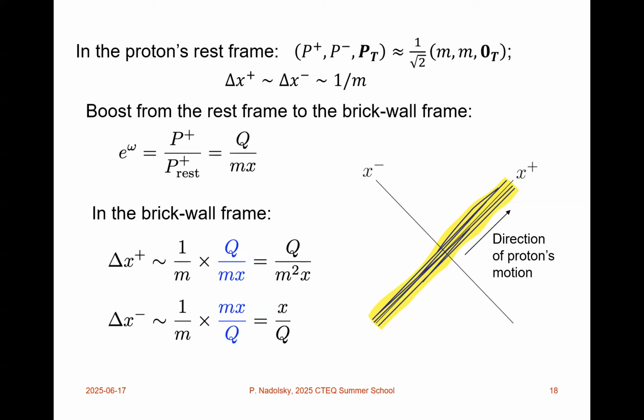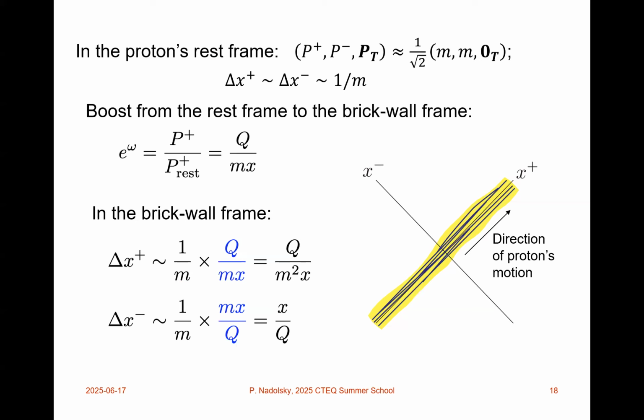Well, you can start by looking at the typical size of the proton in the rest frame, where both P plus and P minus are of order M. And so by the Heisenberg uncertainty principle, both delta X plus and delta X minus are of order 1 over M. Then you can do a boost from the rest frame of the proton to the brick wall frame.